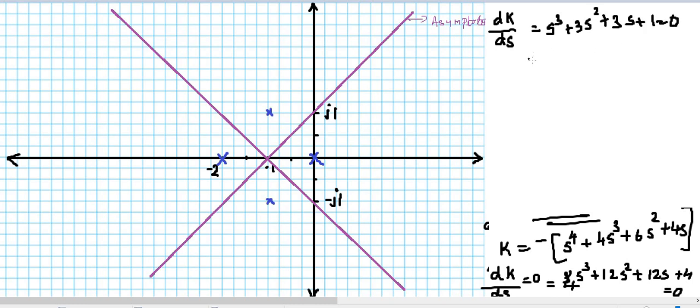By solving this equation, we get (s plus 1) whole cube equal to 0, so the roots of this equation are minus 1 and minus 1. Now what is the next step? We have to find whether this minus 1 is an actual breakaway point or not.